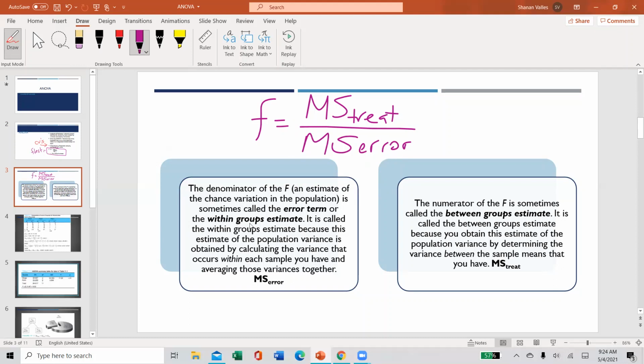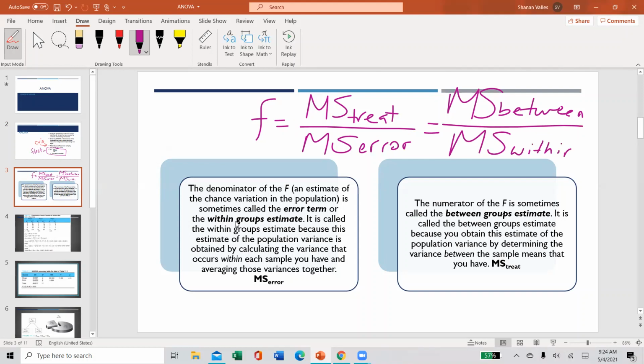There are authors, there are books, and perhaps, of course, professors that might call it within. Okay, so sometimes you see it written like this. And this is actually how I learned it. So that says MS between, and then this says MS within.